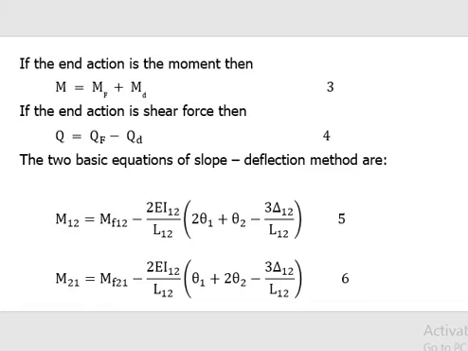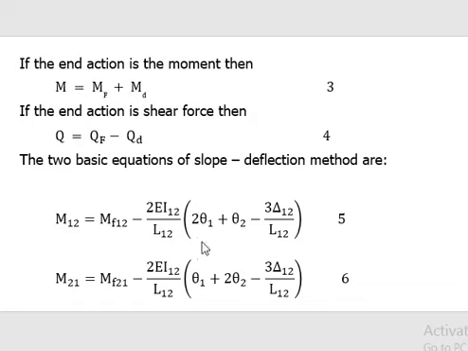That is, total shear force on the support is shear force due to external applied loads plus shear force due to sinking of support. The two basic equations of slope deflection method are shown in equation 5 and equation 6.